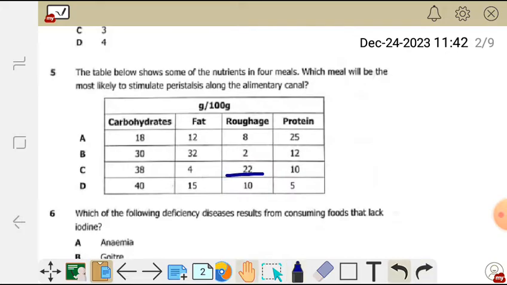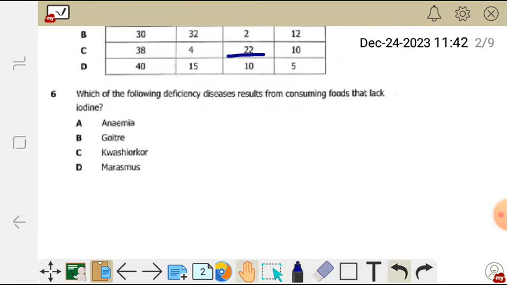So question 6, which of the following deficiency diseases result from consuming foods that lack iodine? A, anemia, B, goiter, C, kwashiorkor, D, marasmus.